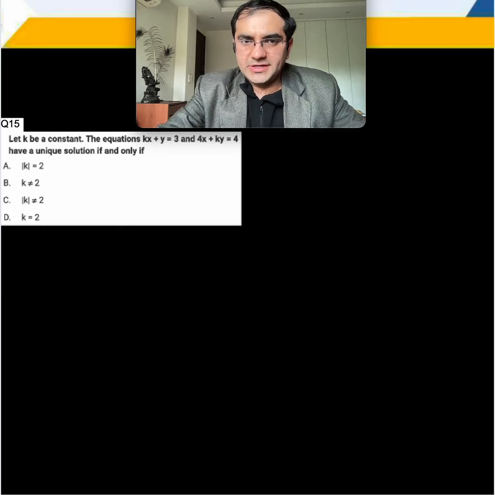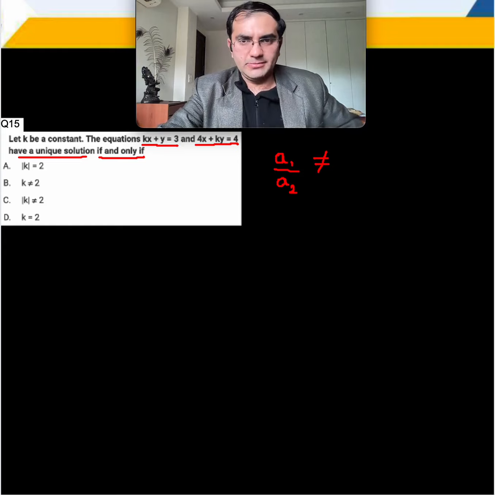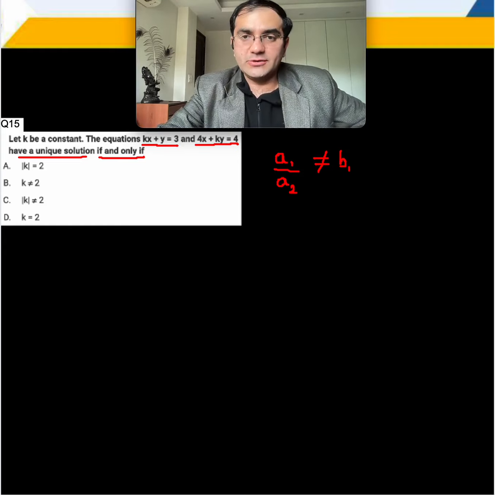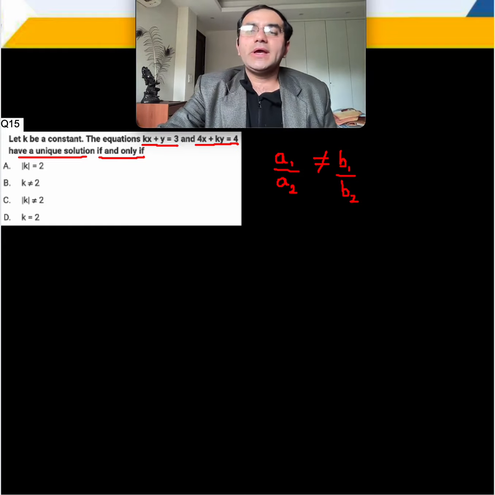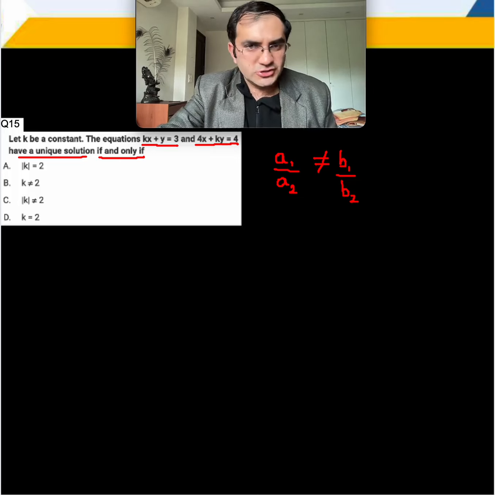Question from linear equations where these two equations have a unique solution. For that, we know the underlying condition is a1 upon a2 is not equal to b1 upon b2, where a is the coefficient of x and b is the coefficient of y.